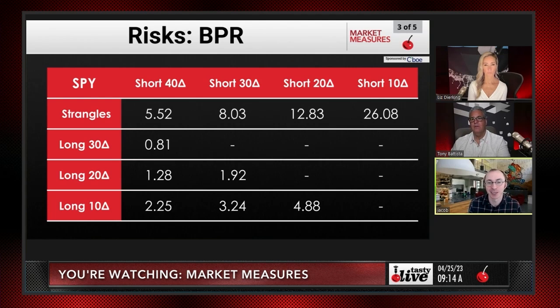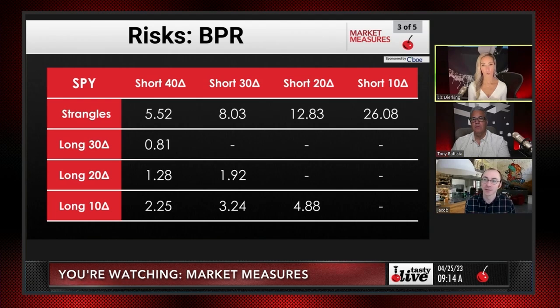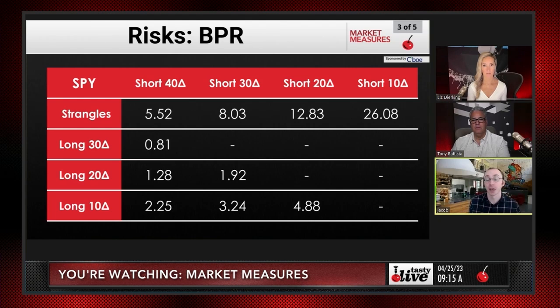The 2010 iron condor is pretty bad, the selling 20s and buying 10s. But other than that, you get a lot more BPR efficiency out of your iron condors, at least in terms of how much credit you're taking in. And that's standard. Once you're defining the risk, you're capping what you have to put up by so much that it's a glaringly obvious example. Yes.